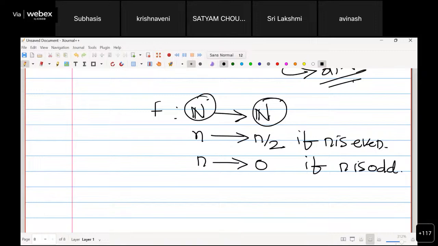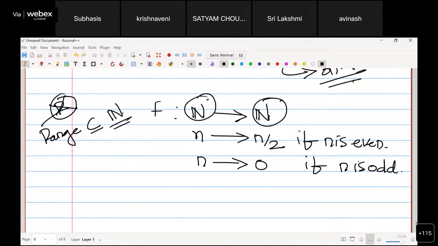Your range should be a subset of your codomain. That means the range should be a subset of natural numbers. So someone saying positive real numbers, how can positive real numbers be a subset of N? You should not say this; it certainly can't be possible. Whatever your guess is, it should be a subset of natural numbers.